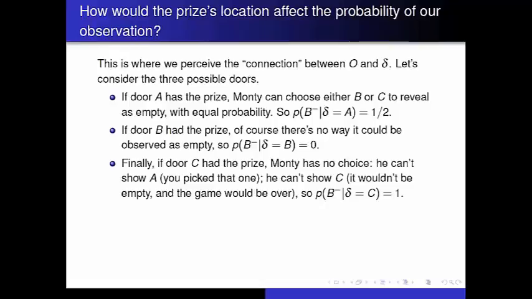And then that clearly is going to give us some bias. So then all the probability has to go to probability C minus given delta equal D. And A was the door that we picked. Monty doesn't have any choice. He's going to have to open door C in order to show us an empty door that wasn't the door that we picked. Okay? So in general, I strongly recommend that you think of these likelihoods as a model.